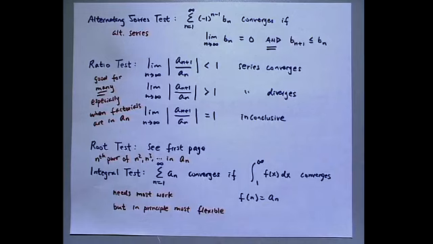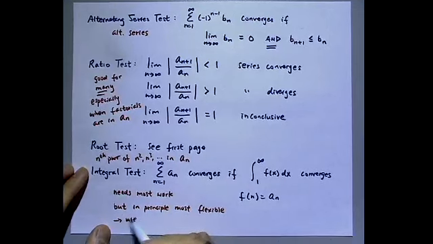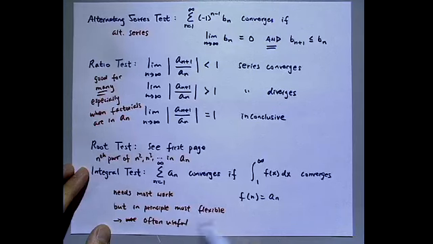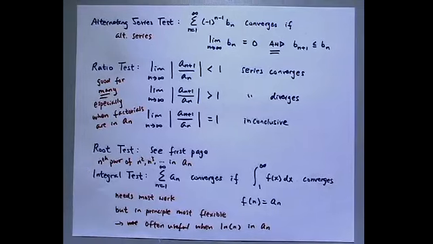You know, I really don't like to integrate stuff when I don't have to. But sometimes you have no other way to do it. Often useful when there's natural log of n in a_n. Not always, but often.